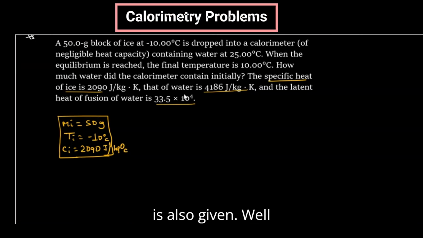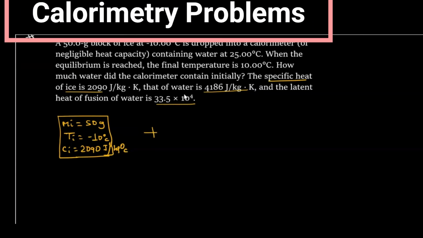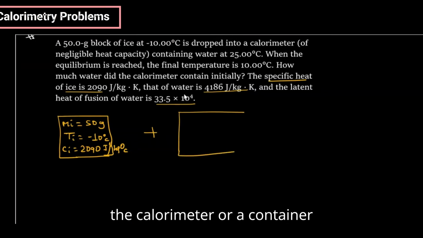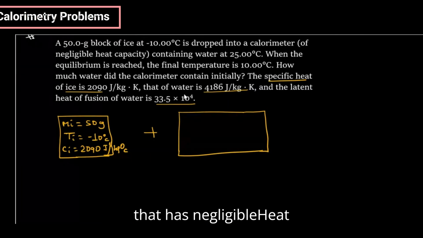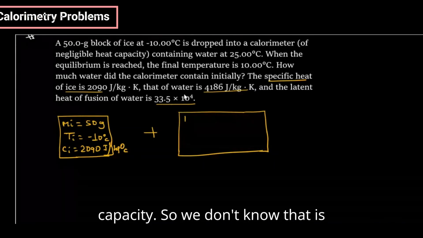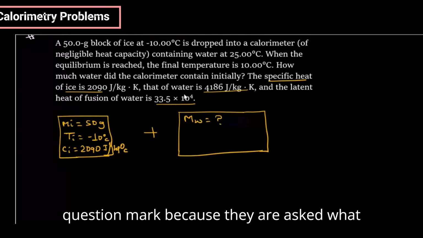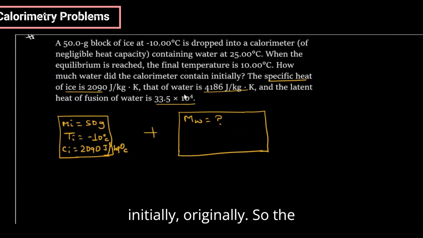This is also given. Well, this must be added with water in a calorimeter. This is the calorimeter, a container that has negligible heat capacity. So we don't know the mass of the water here. That is the question mark, because they are asking what is the mass of the water there originally.